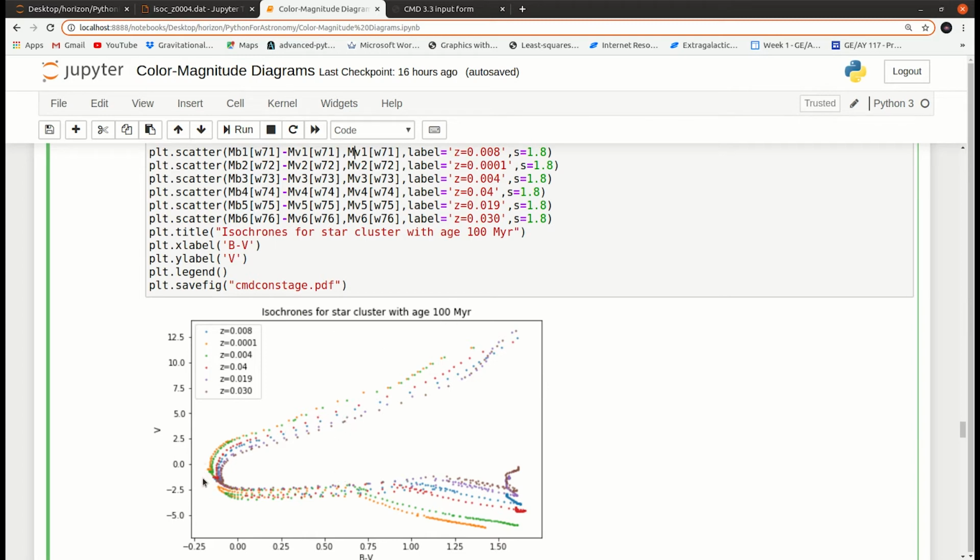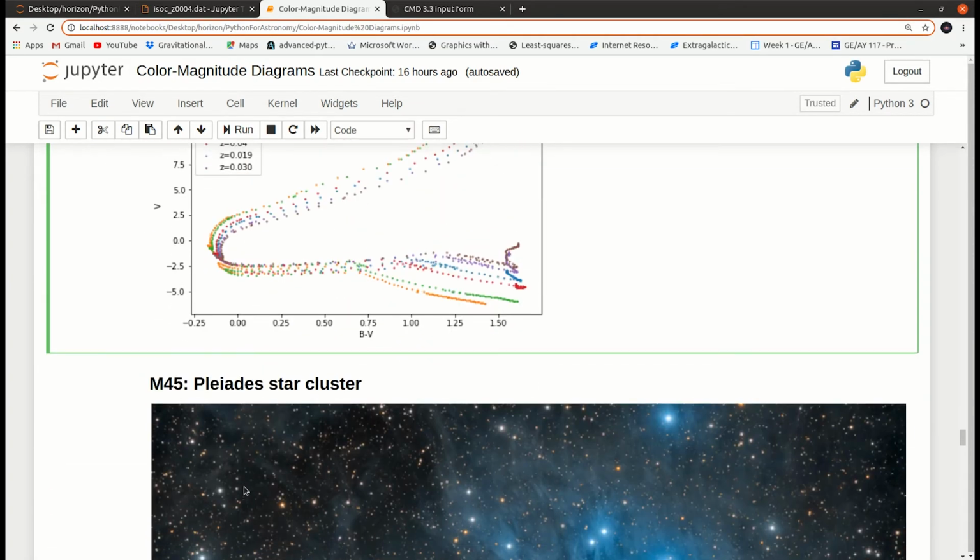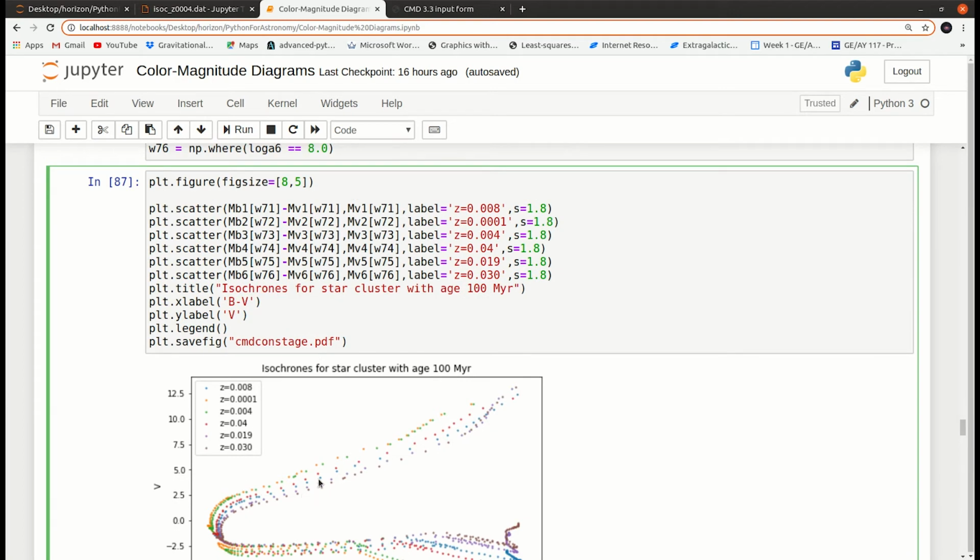You can see how metallicity affects the diagram, and you can observe how it actually affects the turn-off point of the main sequence as well, which is somewhere over here. Okay, so I hope this is clear.